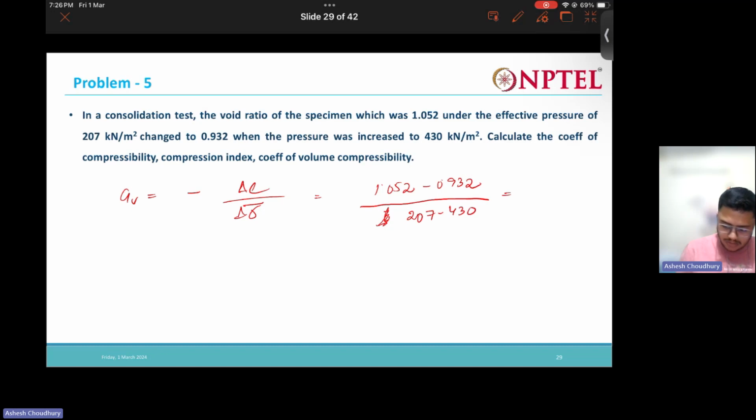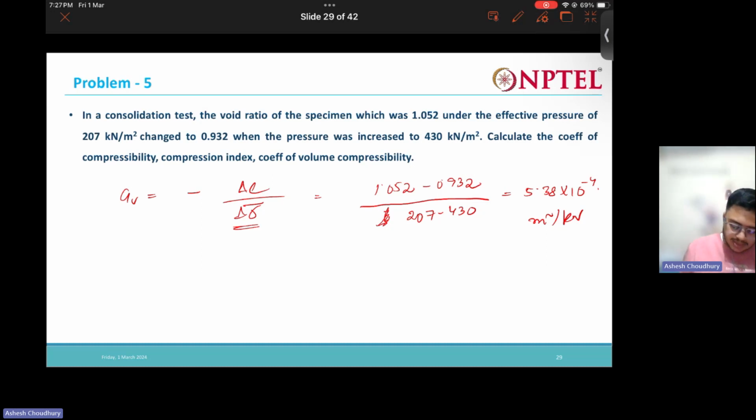What is the unit? Meter square per kilonewton, the reciprocal of the stress unit. E has no unit, only delta sigma's unit will come, and the opposite of the stress unit is meter square per kilonewton.